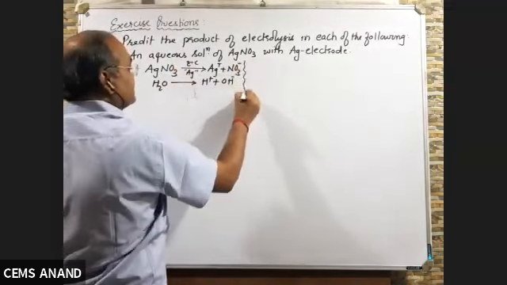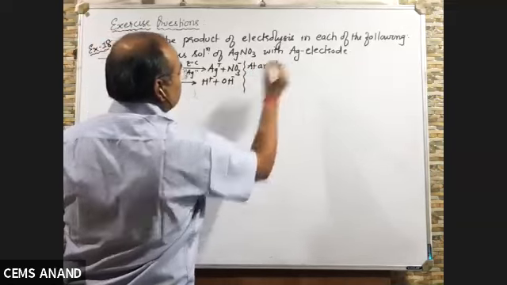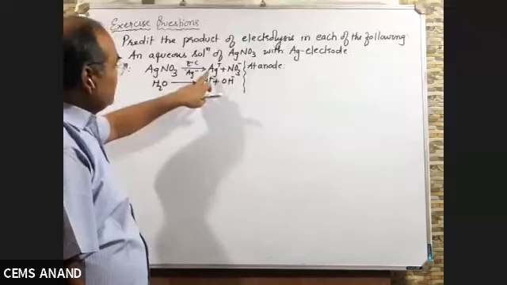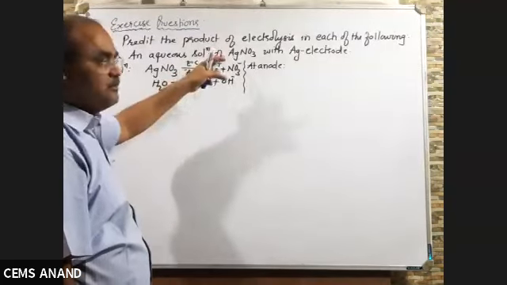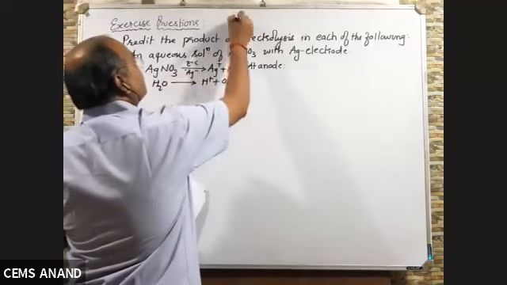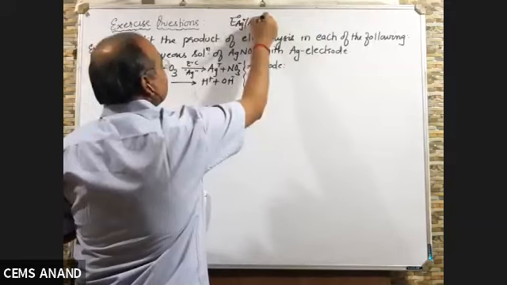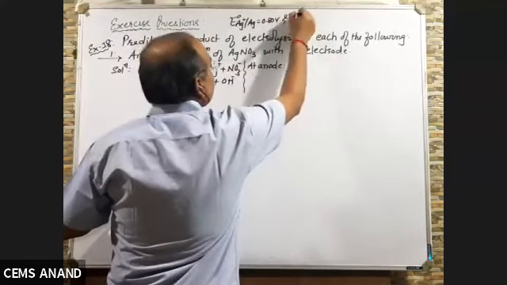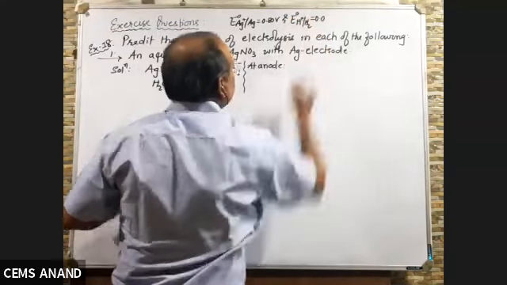Now, what will be the reaction at anode? At anode, now you know Ag plus. Earlier we have written the value of Ag plus. I will write here. E0 Ag plus oblique Ag is 0.80 volt and E0 H plus oblique H2 is 0.0.